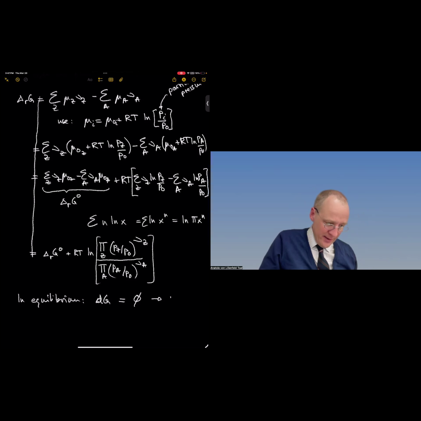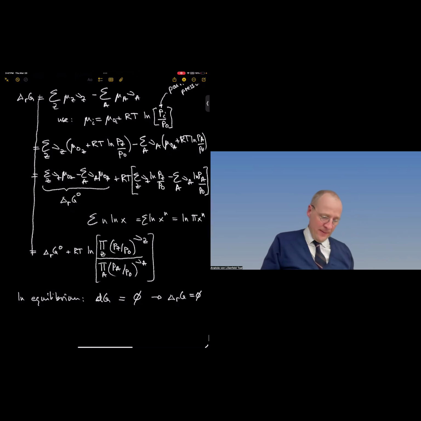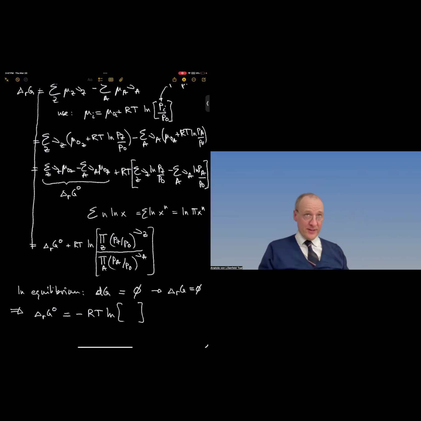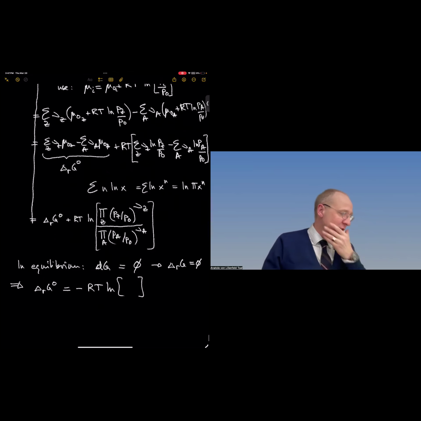So, in other words, your delta_r G is 0. And hence, delta_r G0 equals minus RT, the logarithm of this thing.